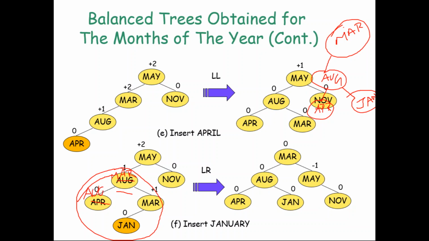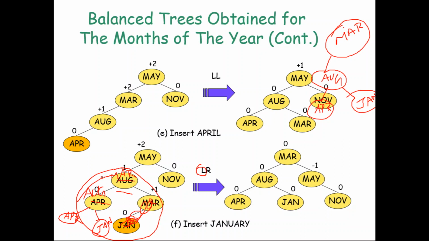The left child of August is April, and the right child of August is Jan. March has gone to the top, and nothing is here because Jan is moved here. So this is what happens when you perform the left rotation.